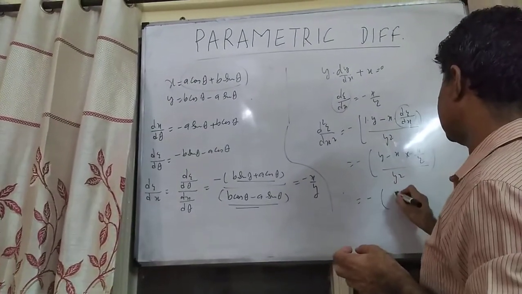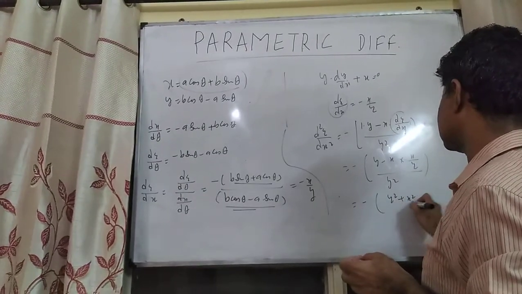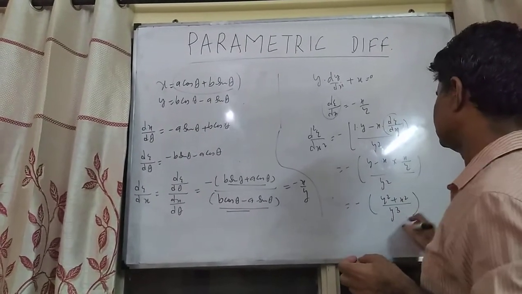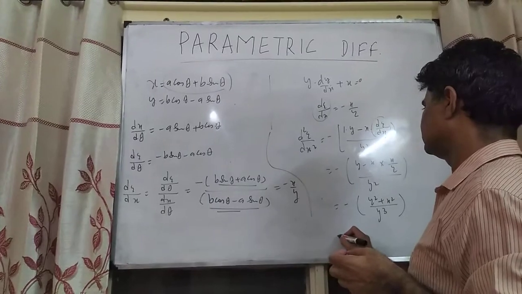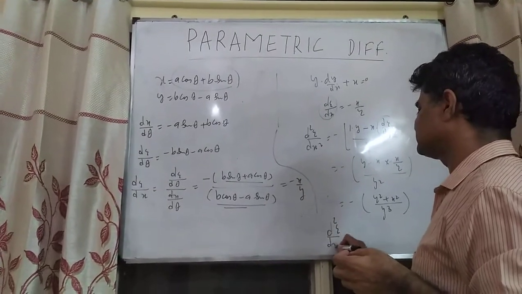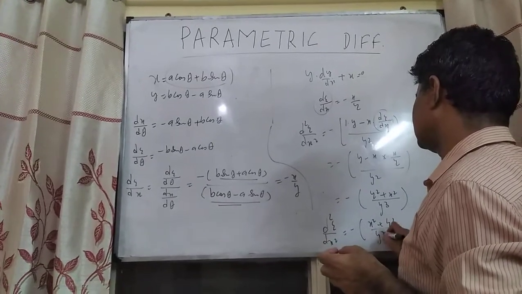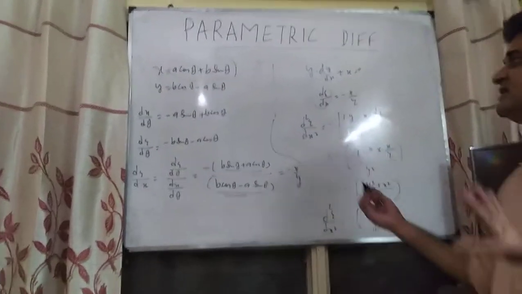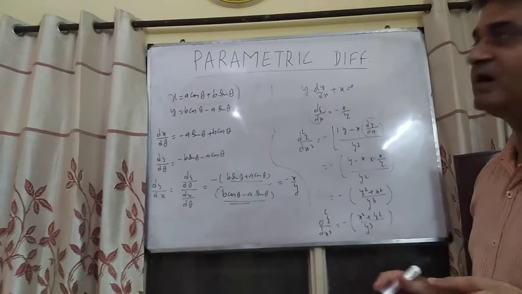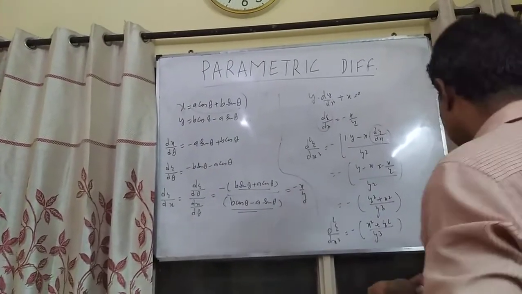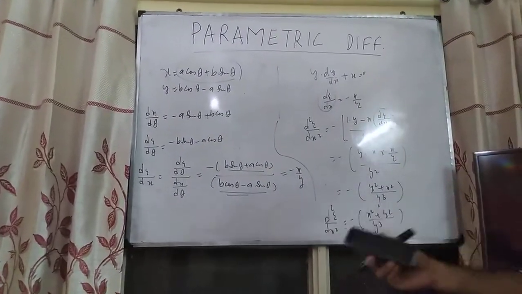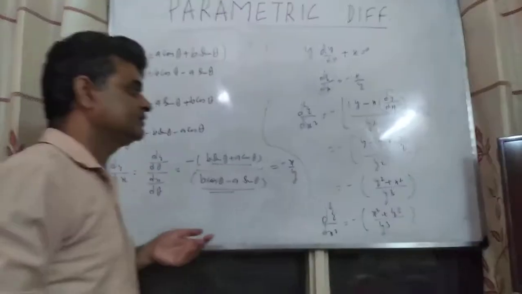So you can see that it is y square plus x square upon y cube. So the double differentiation is minus of x square plus y square upon y cube. So it's a very simple way in which we can do parametric differentiation. Now we are going to solve one more question so that you can understand it properly.